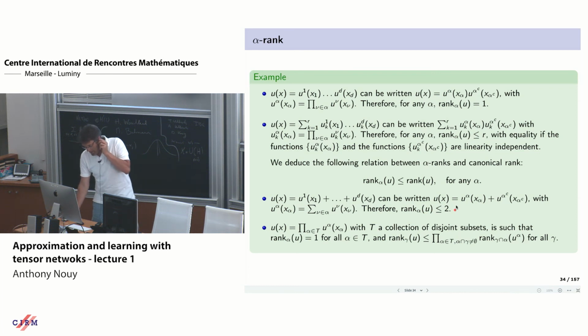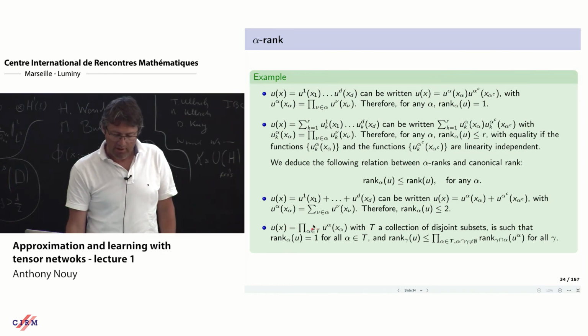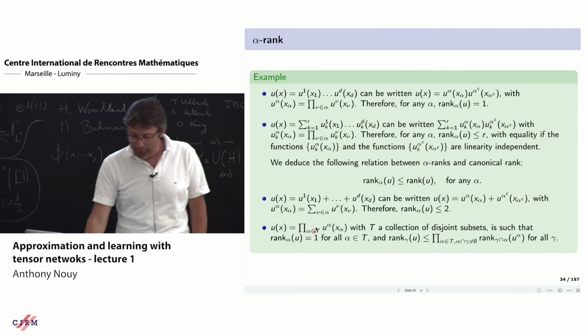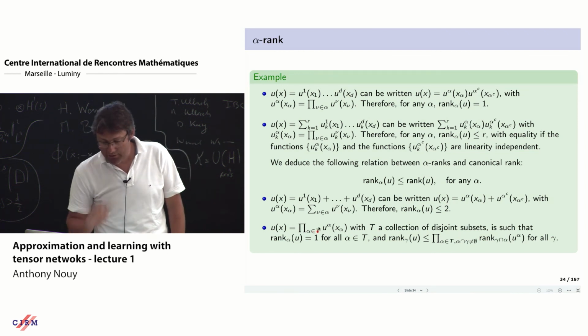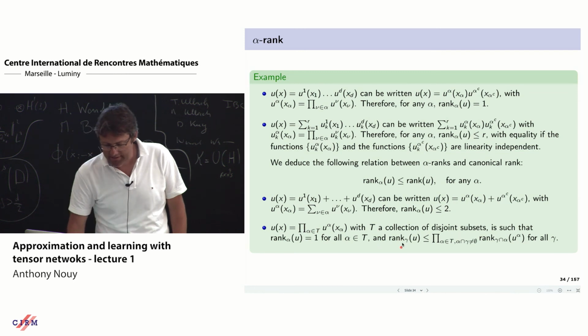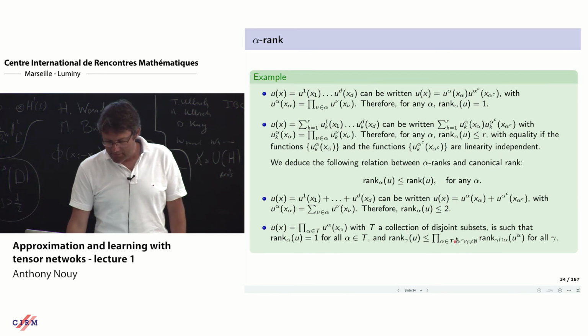Well, something more tricky: if you consider a function u of x, which is a product of functions of groups of variables, where the alpha is in some collection of disjoint subsets, you can play with this notion of rank and obtain a bound of the ranks of your function.